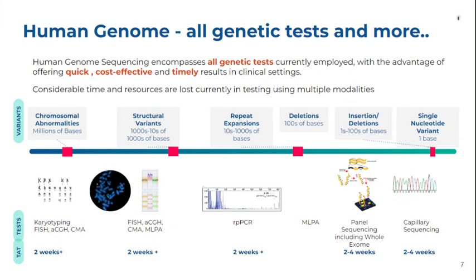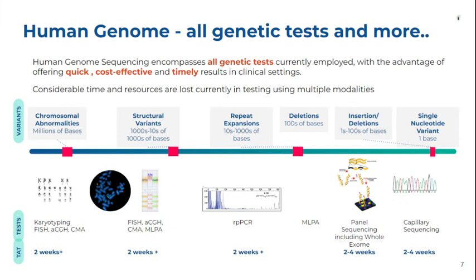Then there are different kinds of genetic variations, like, for example, repeat expansion disorders, which are assayed using repeat PCRs. Then you have deletions and copy number changes, which could be assayed using chromosomal microarrays. Then you have small insertions, deletions and structural variations, small variations and breakpoints, which could be assessed by sequencing approaches. And then, of course, single gene disorders, which today could be done on either Sanger sequencing or, in some cases, panel sequencing.